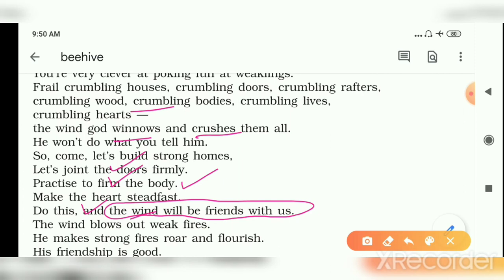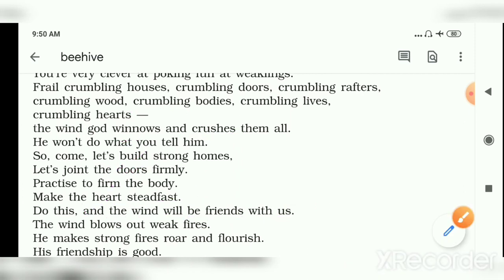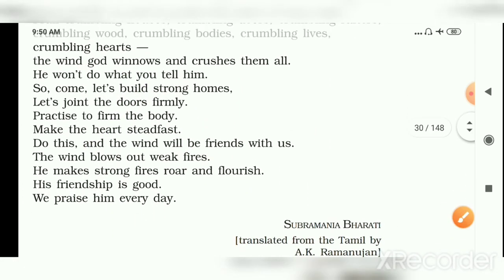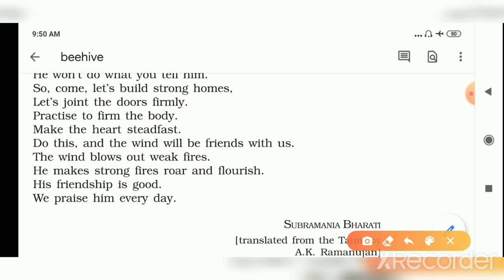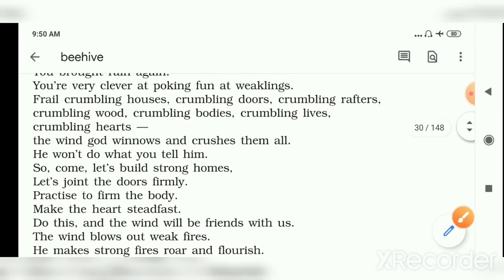Anything else? Wind has another characteristic, and what's that? Wind blows out the weak fire. Here weak fires are given. The same thing is given over here.